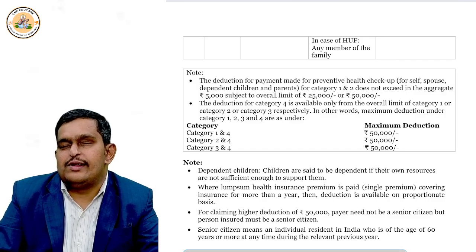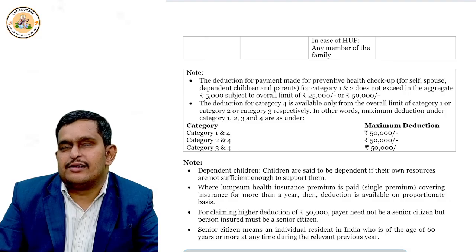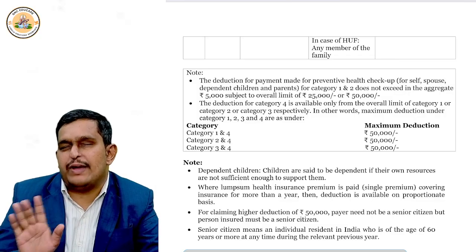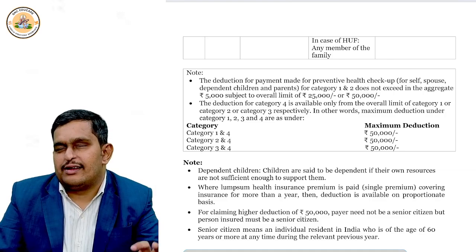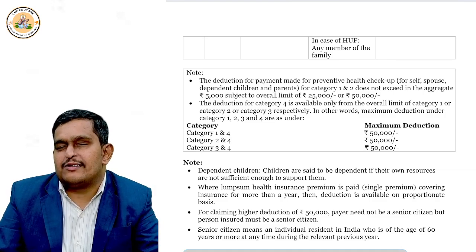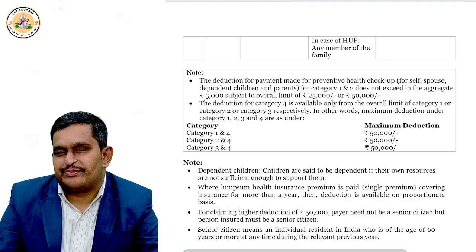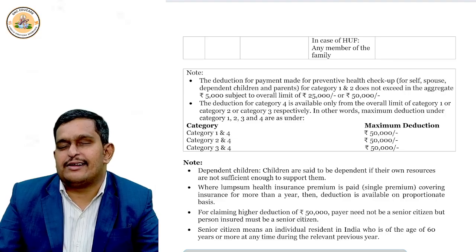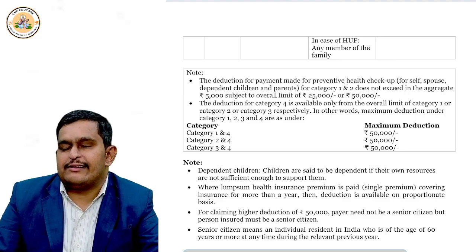The person who is going to take the policy, in whose name the insurance is, for whom the medical treatment is going to happen. That person should be senior citizen. So the criteria is not about payer. You forget about payer. You only focus on the patient or the person in whose name the premium is paid. Okay, clear to all of you? And the senior citizen definition is 60 years or more age.